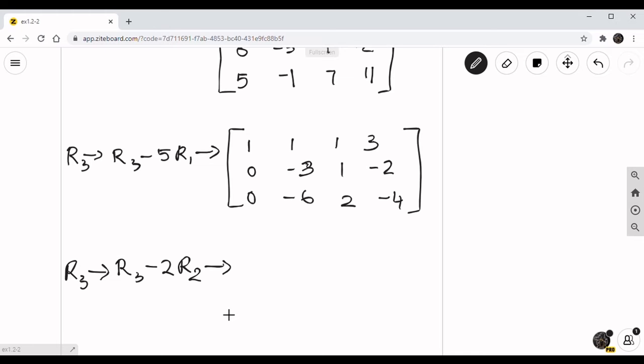This should be mentioned; this is very necessary. So row 3 becomes 0, 0, minus 6 plus 6 is 0, 2 minus 2 is 0, minus 4 plus 4 again becomes 0.